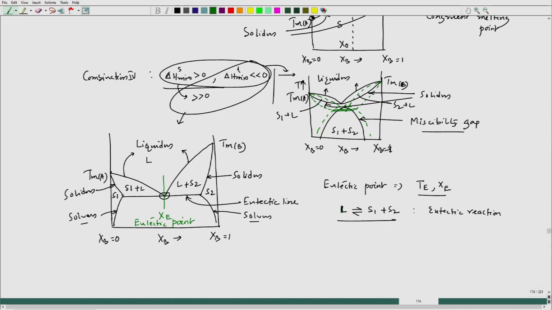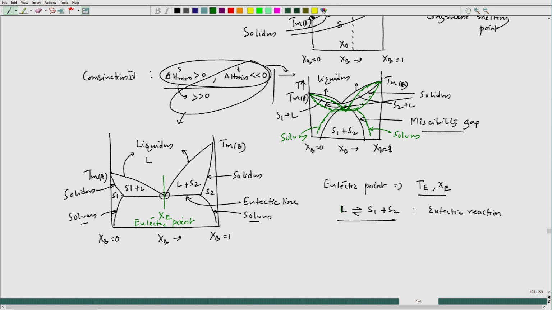In fact, you are actually getting a eutectic phase diagram because of the relative movement of the liquidus, solidus, and solvus lines. It happens because they come closer to each other, the liquidus and solidus lines as well as the liquidus and solvus lines, because this is nothing but solvus, this is also solvus.